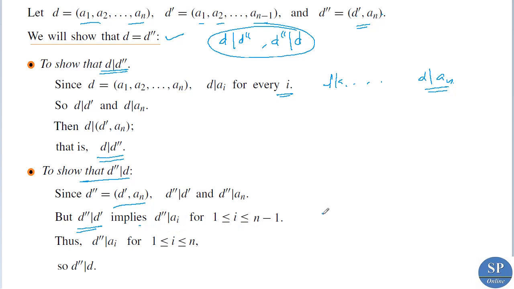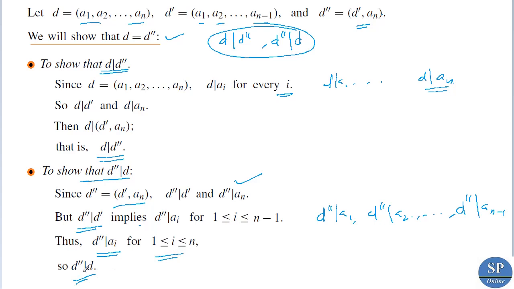That is, d double dash divides a1, d double dash divides a2, etc., d double dash divides a n minus 1. Also we have d double dash divides an. Therefore d double dash divides ai for i from 1 to n.